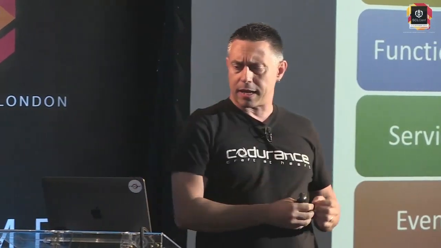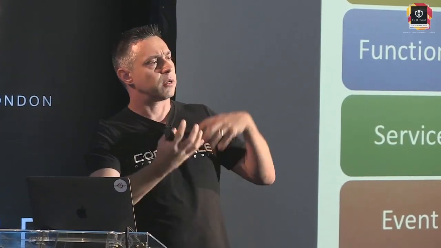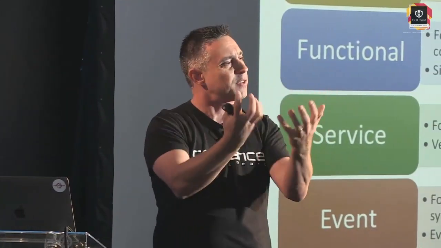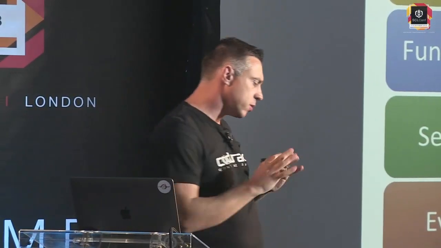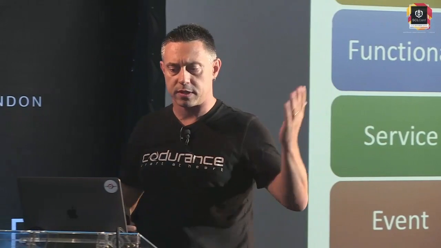The service style is an interesting one. It's more focused on the behavior, so there are not a lot of entities, and the behavior is at the core. And then event. You can solve a lot of things with these styles, and the impact they have on your solution varies immensely.